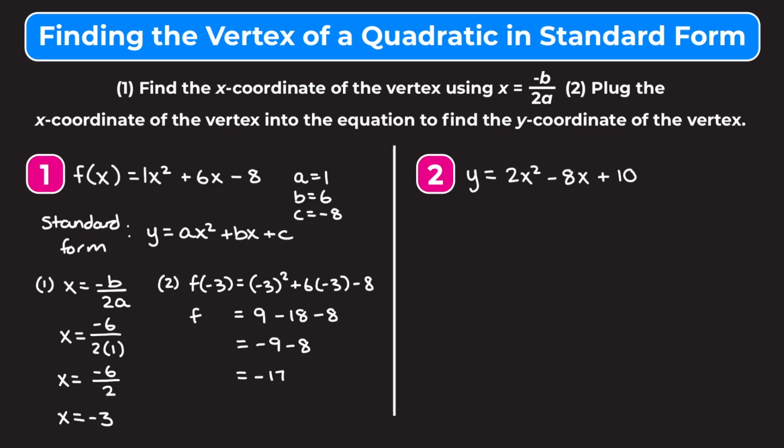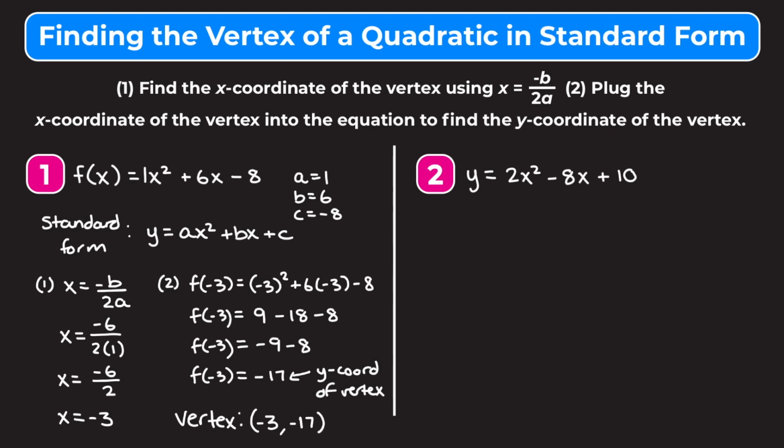So we get that f of negative 3 is negative 17. This is the y-coordinate of our vertex. Remember, f of x and y are interchangeable. So now our vertex is the point negative 3, because that's the x-coordinate, comma, negative 17, because that's our y-coordinate.